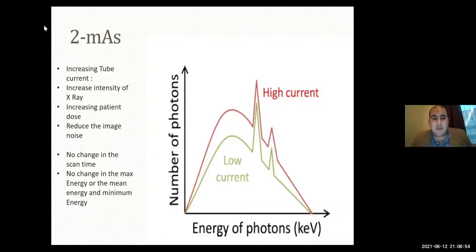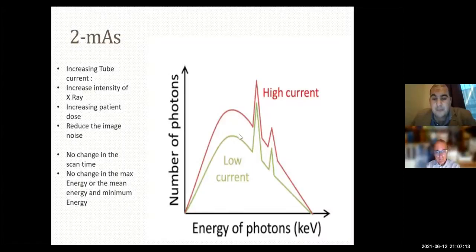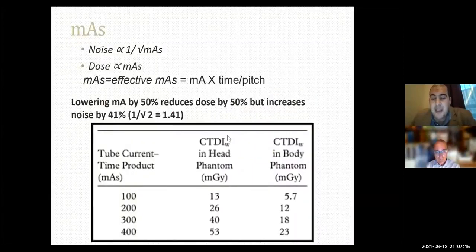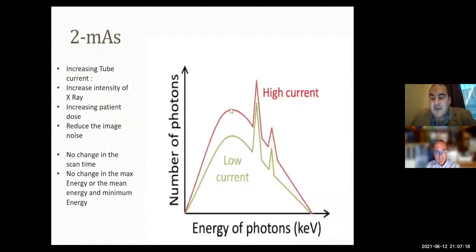Second parameter is milliampere. As you see here, what happened to the spectrum when you increase milliampere from low current to high current? Is there any difference in the energy of the X-ray photons produced from the X-ray tube? No difference. Is there any difference in minimum energy? No difference. But what happened is the difference in intensity of the X-ray beam coming out from the X-ray tube.